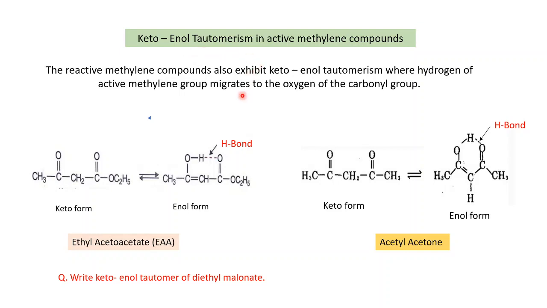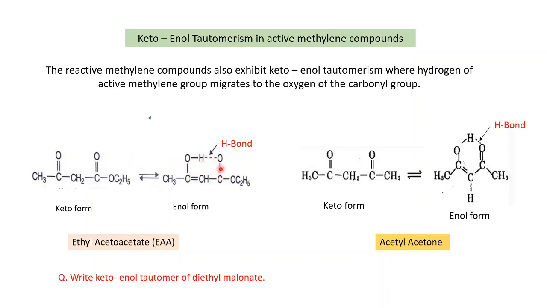So we can see, like aldehydes and ketones, active methylene compounds also show keto-enol tautomerism, where the hydrogen of the active methylene group migrates from here to the oxygen of the carbonyl group. So this is how this migration takes place.